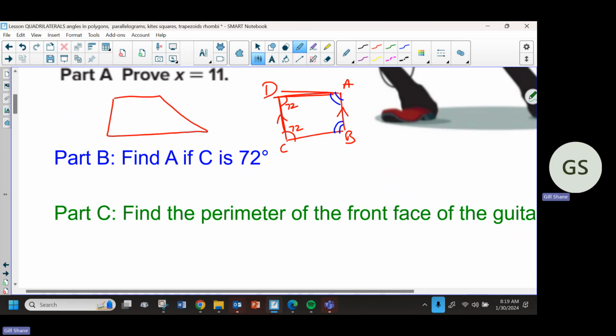This one is true of any quadrilateral. That one has zero properties. There are no parallel lines, nothing congruent. But what is true about that figure? They add up to 360.